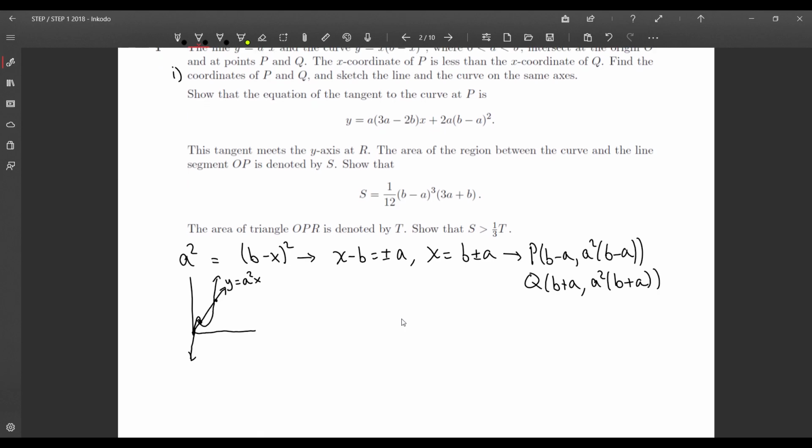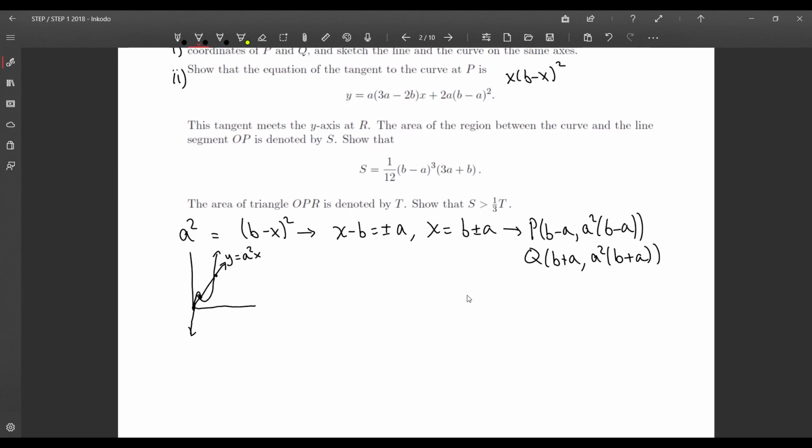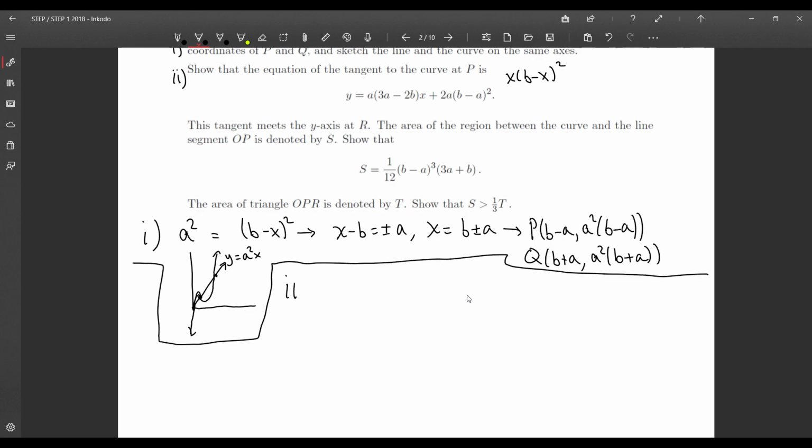Right. Okay, the next part of the question is show that the equation of the tangent to the curve, so of course it's talking about the curve x times (b minus x) squared at the point P, right? So this is the work for 1, so I'll just box this off. Of course we have to take a derivative.